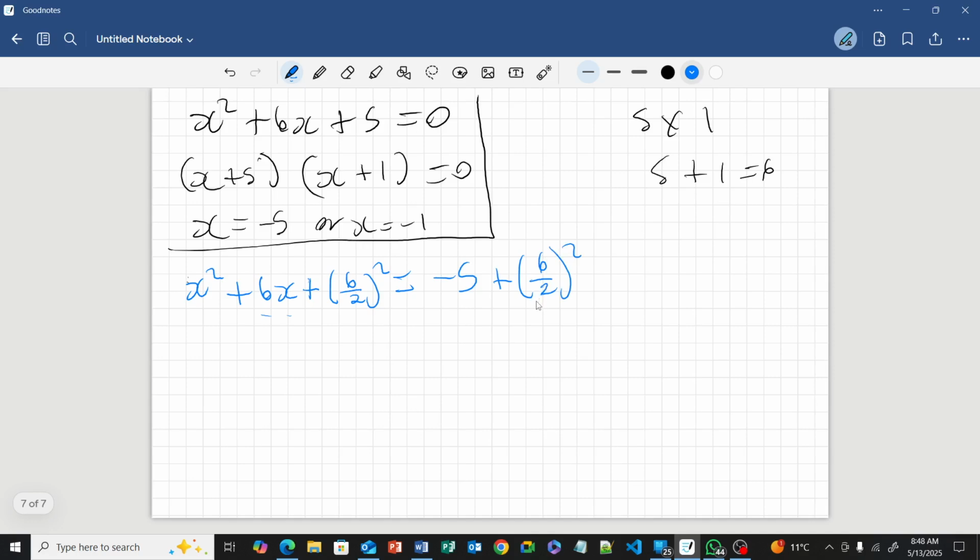Okay, so what will this thing be now? If I were to factorize this, I'm going to get x squared, right? Sorry, I made a mistake.